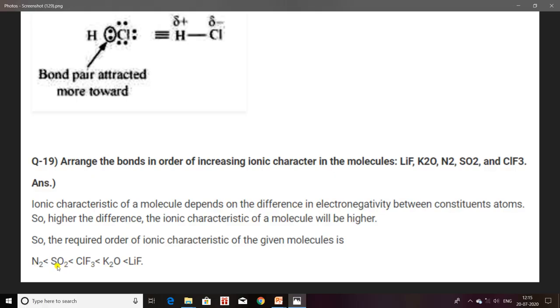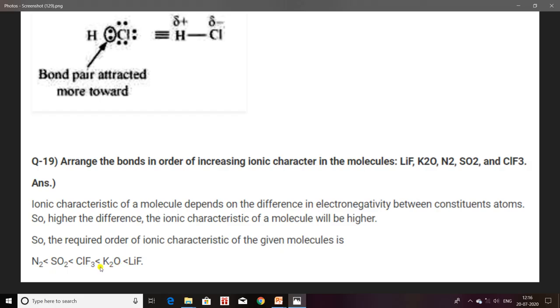After that, sulfur dioxide will come, because both the atoms belong to the same group, so their electronegativity is not very different. Now chlorine and fluorine, they are also from the same group, but their electronegativity difference is more than this one. So ClF3 will come after SO2.